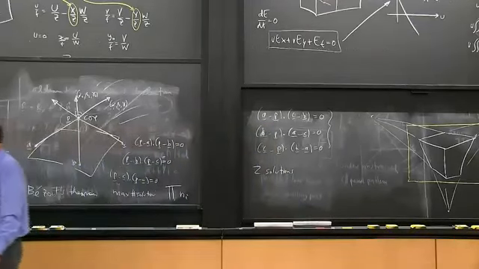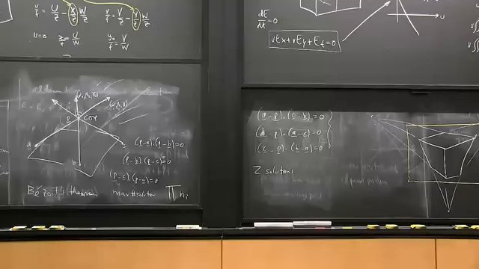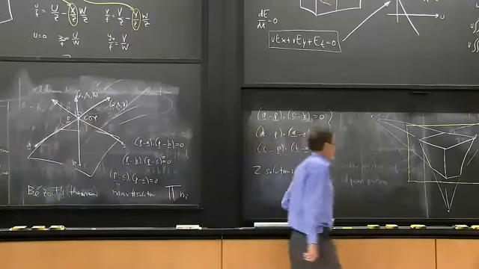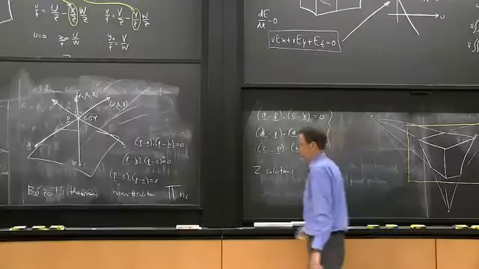Now, we won't actually do the algebra, but it's pretty straightforward. Okay. I'm not quite done with this. I wanted to say something more, but we're sort of out of time.